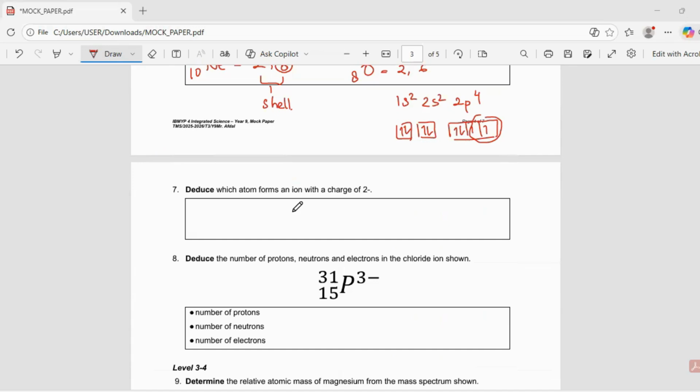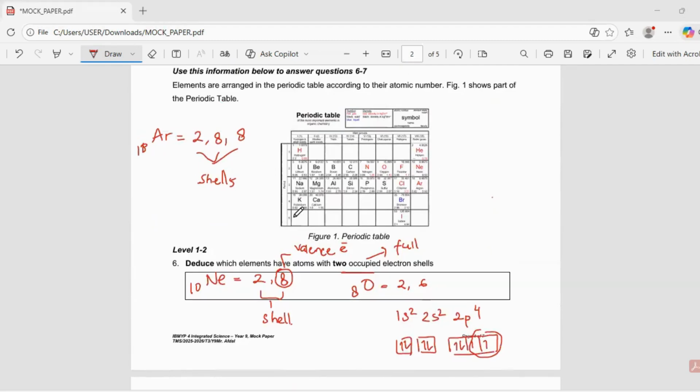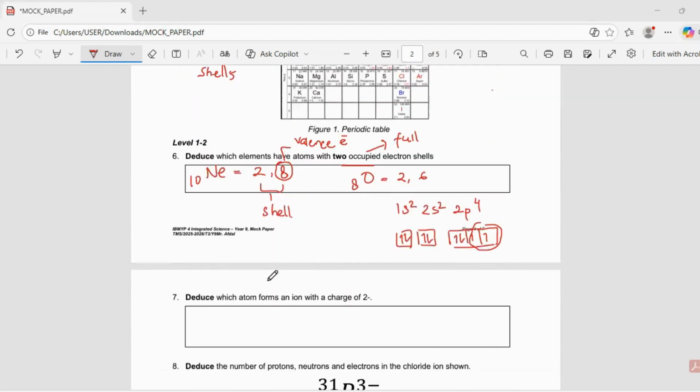The atom will form an ion with a charge of negative. How do we know? Remember about stability. Stability is indicated by having 8 electrons in the outer shell.